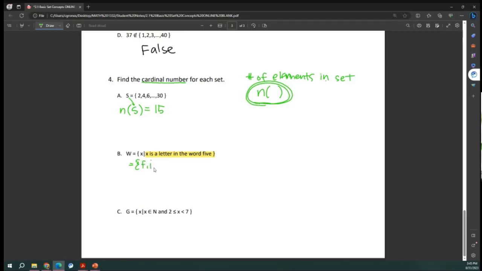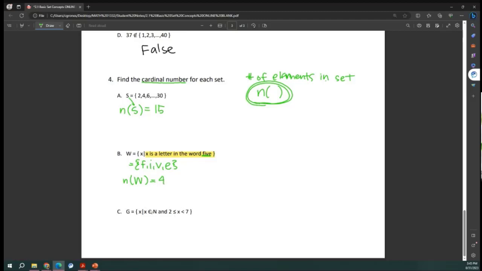It would be just the letters F, I, V, and E. So what would our cardinal number be? 4, yes. So Pearson, they like to do stuff like this where they try to trick you because they have the word five, but your cardinal number is actually 4.